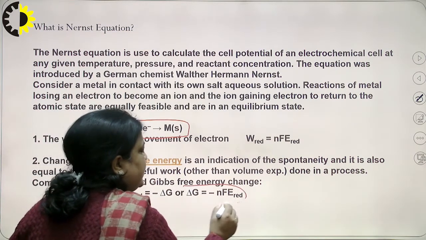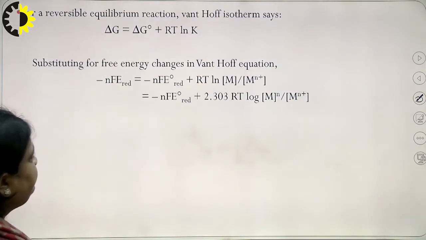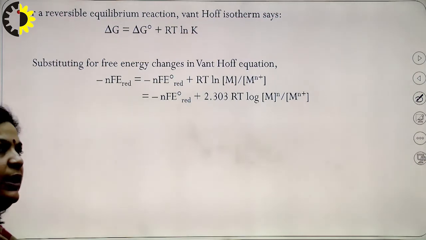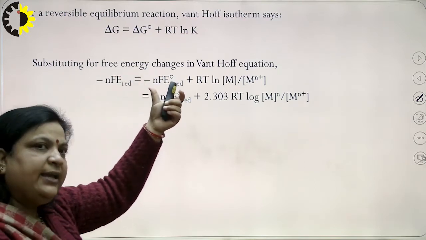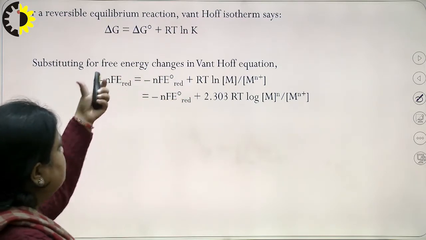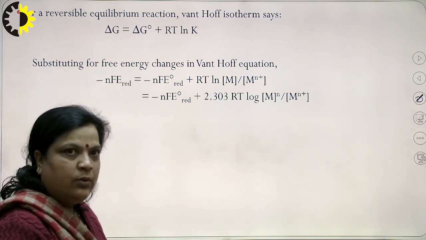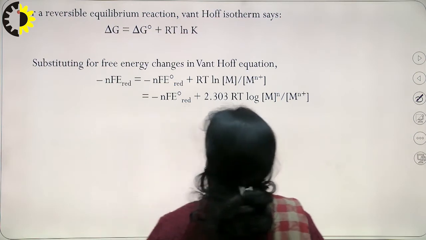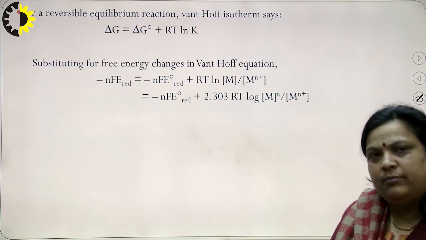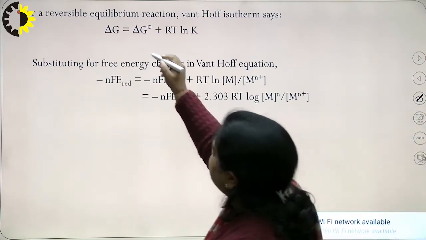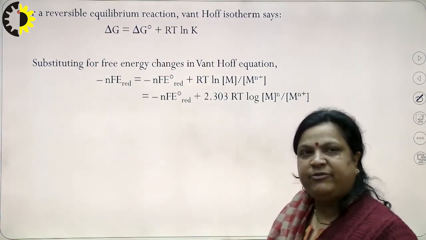So, delta G is equal to minus W. Now, for a reversible reaction we know, from the van't Hoff isotherm, that delta G is equal to delta G naught plus RT ln K, or Q. K is the equilibrium constant and Q is the reaction quotient, which is the ratio of product to reactant. In this case delta G is the Gibbs free energy of the cell and delta G naught is the standard Gibbs free energy.